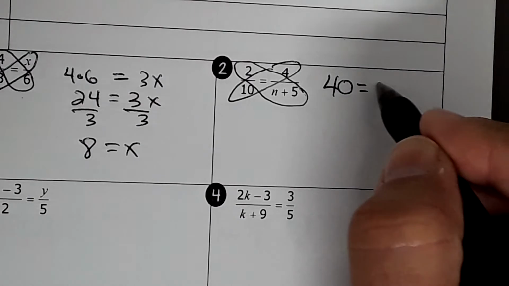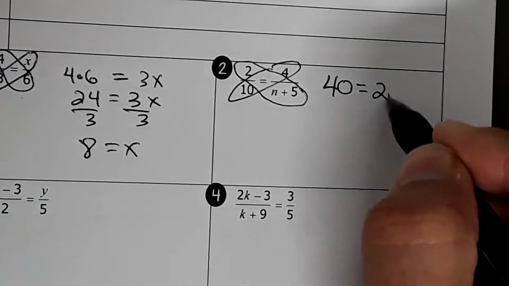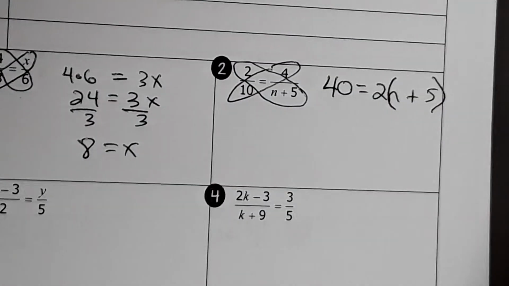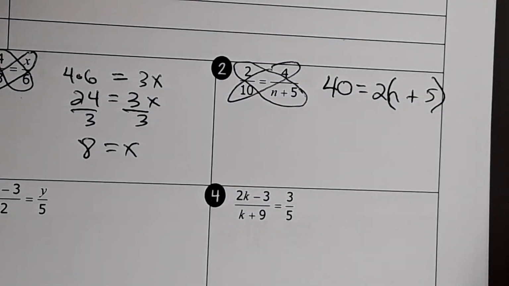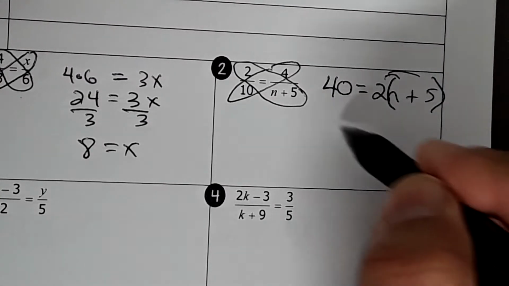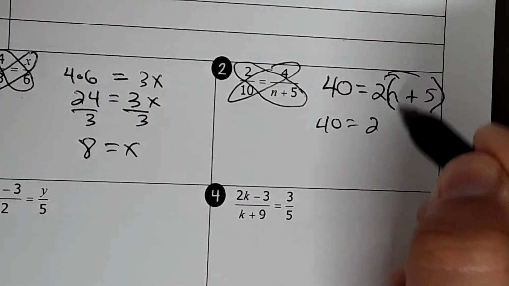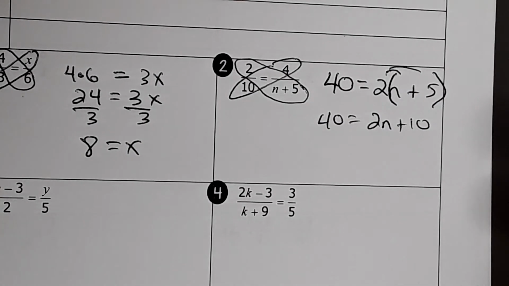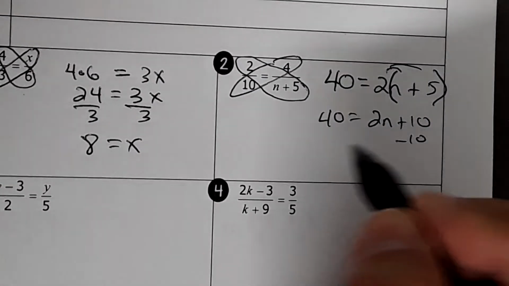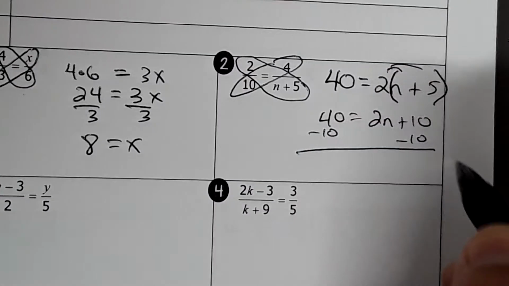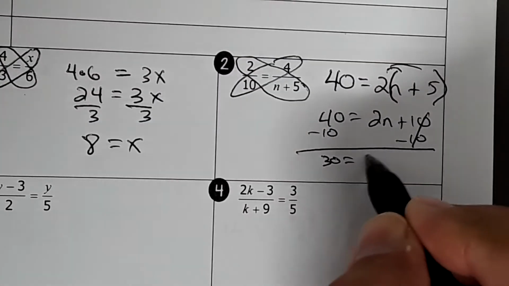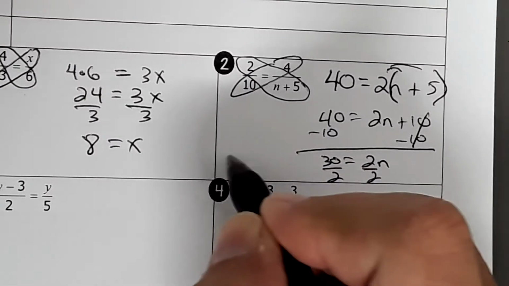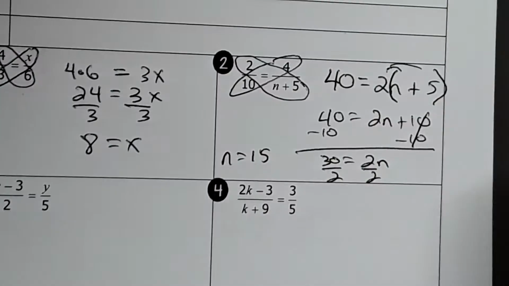So when you write this, it's not 2n plus 5, it's 2 times n plus 5, the whole thing, which means you're going to have to distribute here. So 40 equals 2 times n is 2n, and 2 times 5 is 10. And now I'm left with a two-step equation to solve. Take away 10 from both sides. I'm trying to get n by itself. So I'm left with 30 is equal to 2n. And then when I divide both sides by 2, I get n is equal to 15.